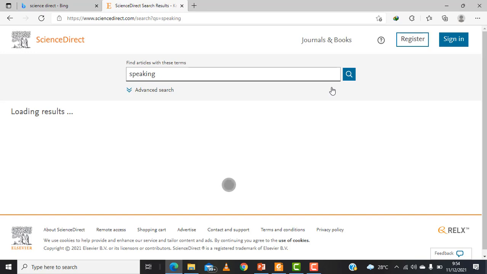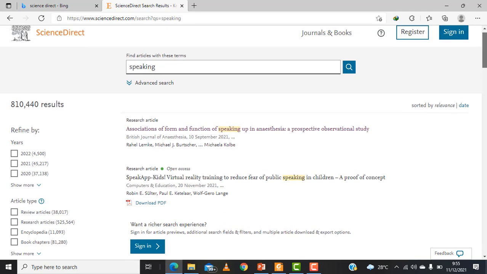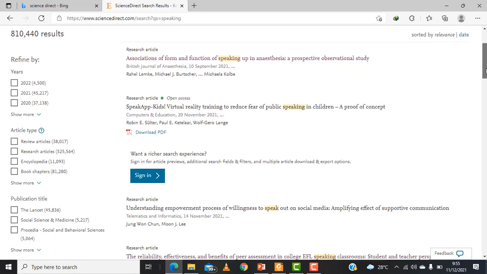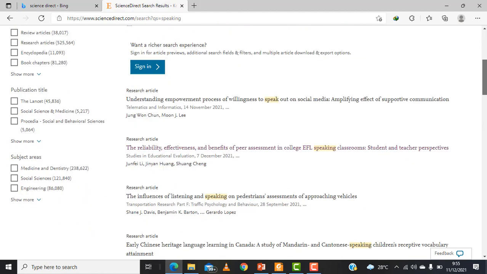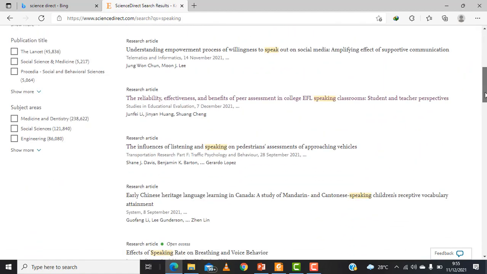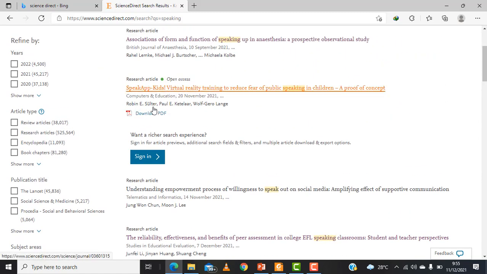Okay, it's still loading. All right. When you type speaking, there will be so many results, and you have to find the relevant scientific article that you will use or download. For example, for this one, it's easy because you can simply click download PDF.